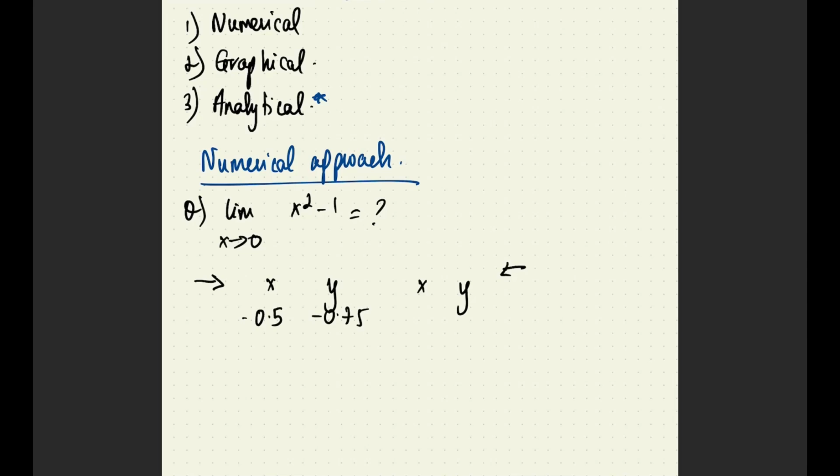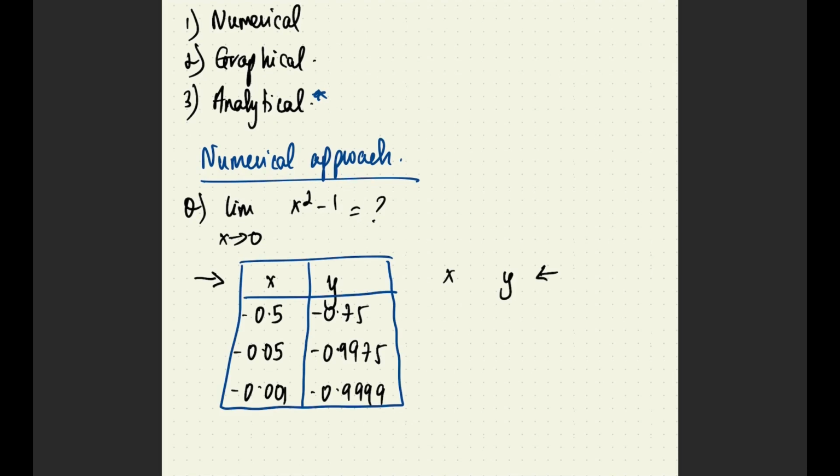When x is a lot closer to 0, let's say minus 0.05, the y value is minus 0.9975. When x is even closer to 0, let's say 0.001, the y value is minus 0.9999, right? So this is from the left hand side.